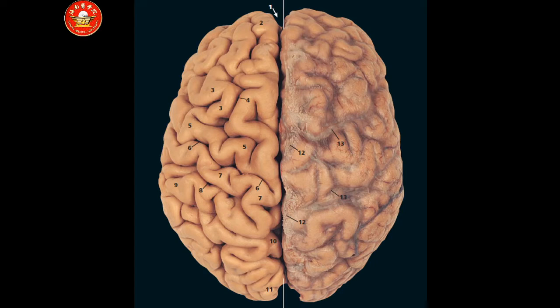Number 11 is representing the occipital gyri. Number 12 is showing the arachnoid granulations. Number 13 is showing the veins. We call them superior cerebral veins.